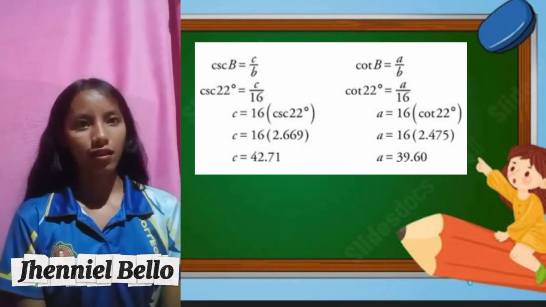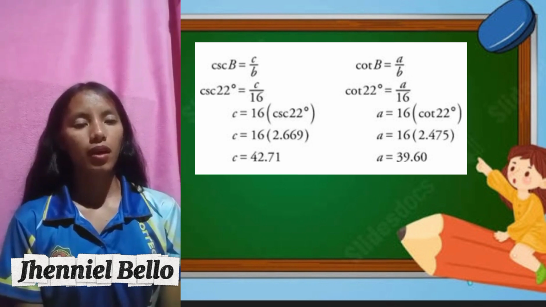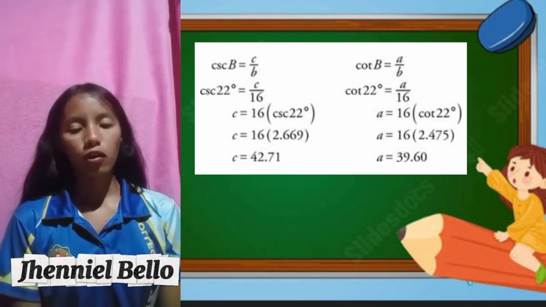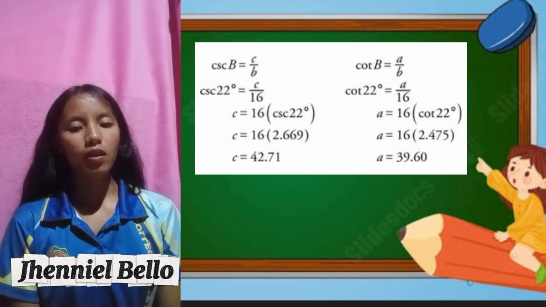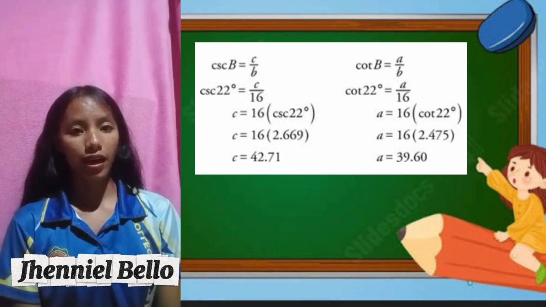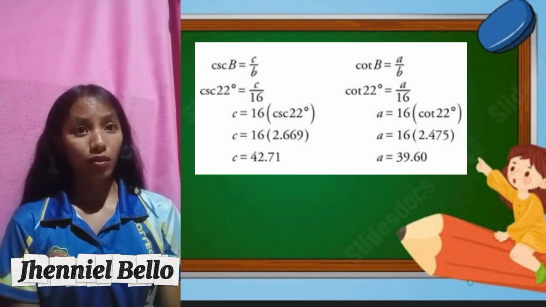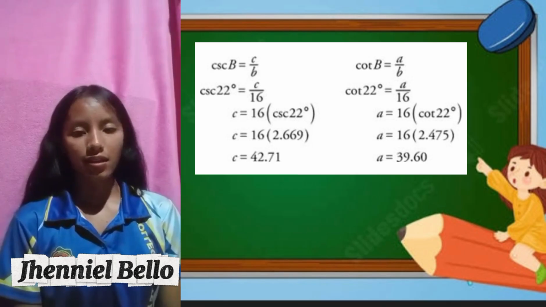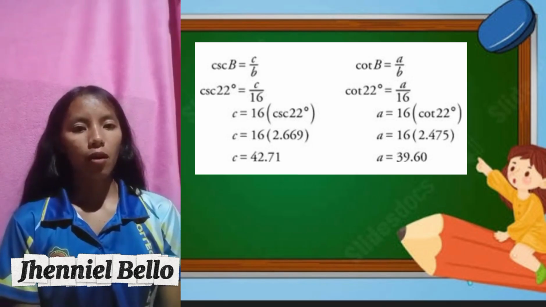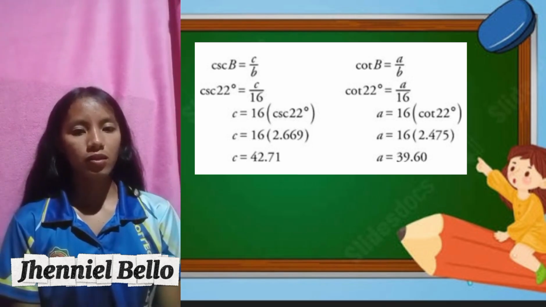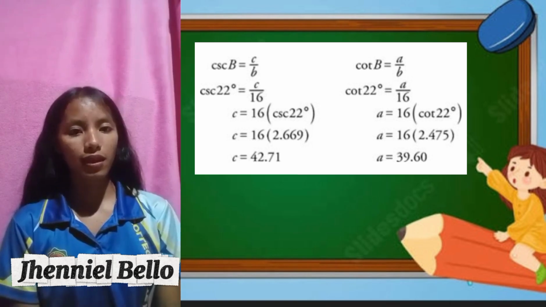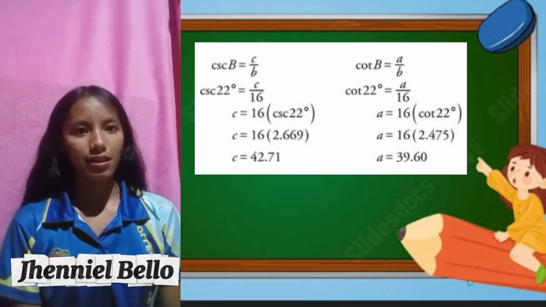Then let's proceed to cotangent. Cotangent B is equal to a over b. Cotangent 22 degrees is equal to a over 16. So a is equal to 16 times cot 22 degrees.